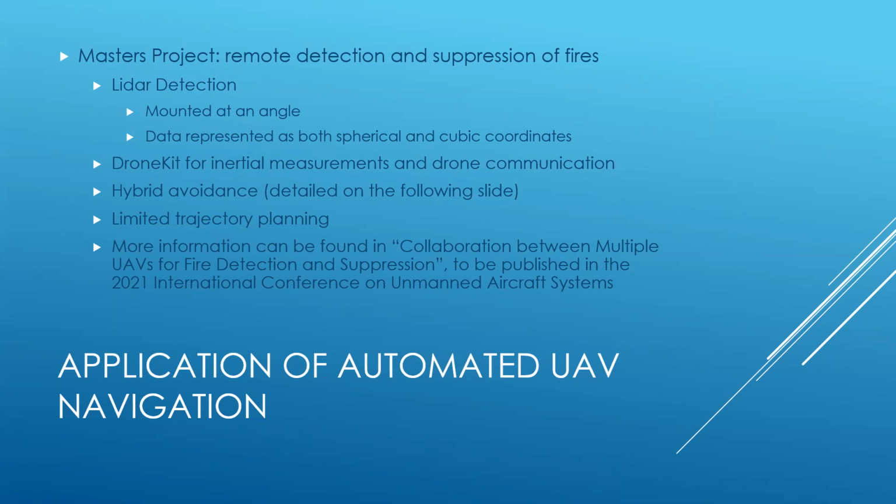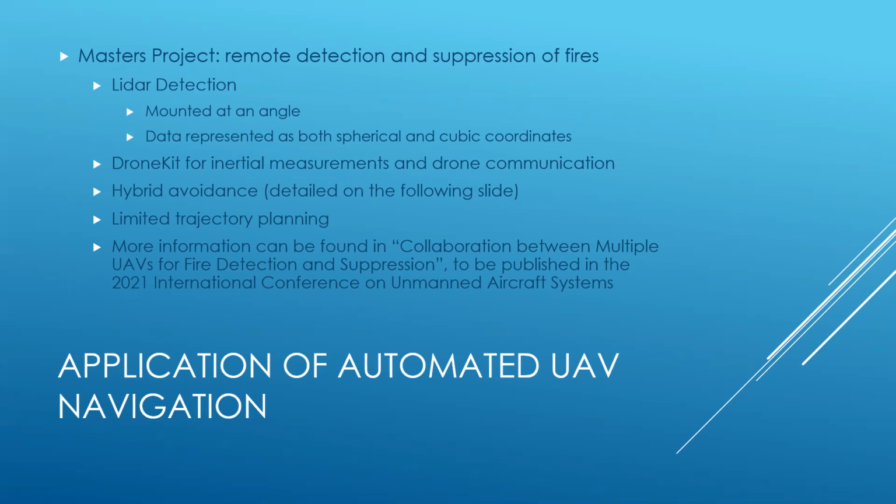A hybrid avoidance system is used, which is described in detail on the following slide. Limited trajectory planning is applied as only one waypoint is to be given at a single time, and the most direct path from the drone to the next given waypoint will always be optimal.